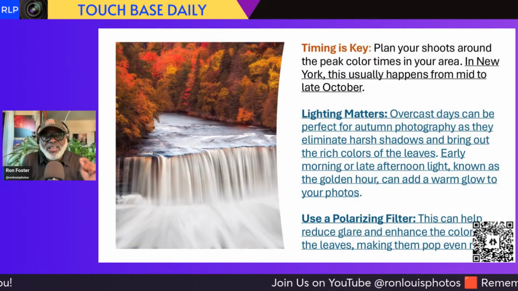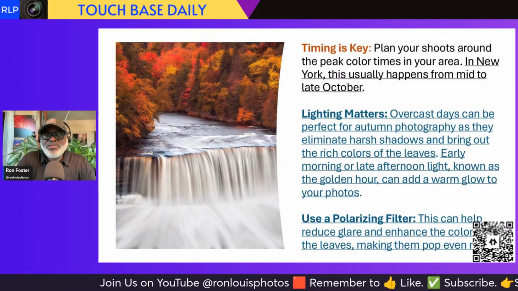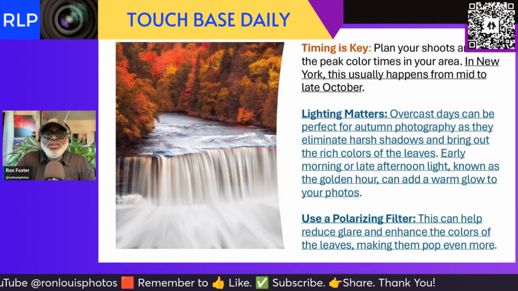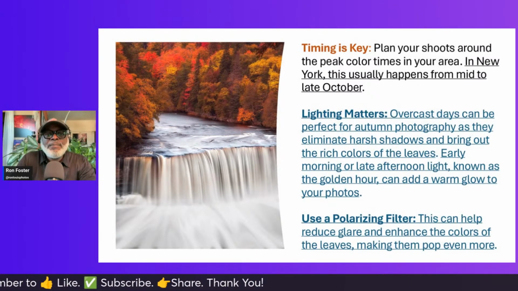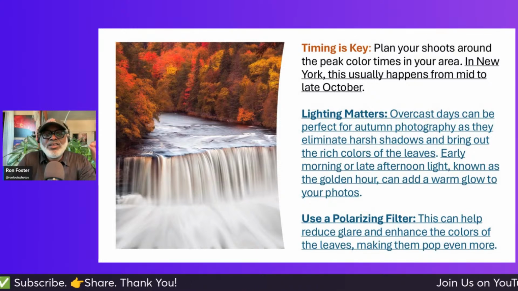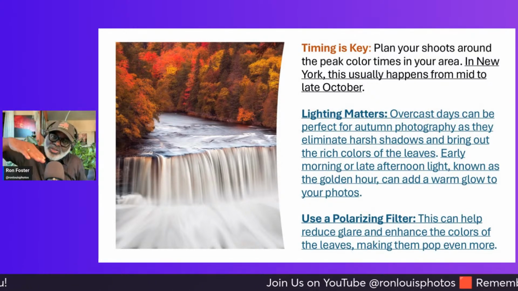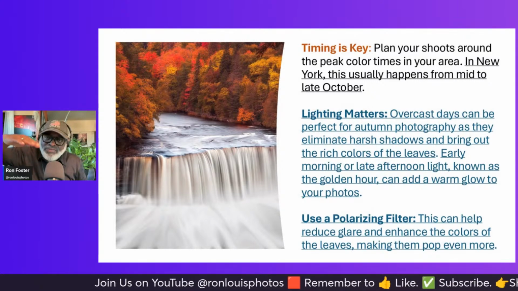This is very important. When you go out and take pictures, when you go out and do your photography, definitely go out early in the morning, because the sun is angled and you get those golden hues from the sun.